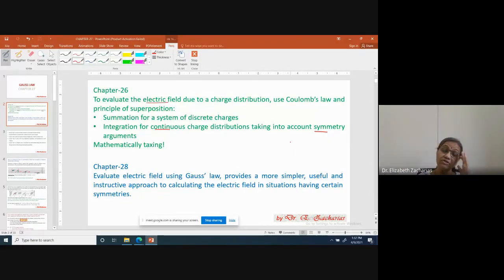So we talked about symmetry and we cancelled out some component of the electric field, and for the other one, we just did an integration. But then you found that it was mathematically very taxing. First thing was you had to deal with infinite number of vectors which are all in different directions, and then doing their integration and then knowing the formula for this integration. All this was pretty taxing.